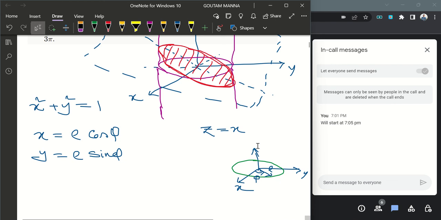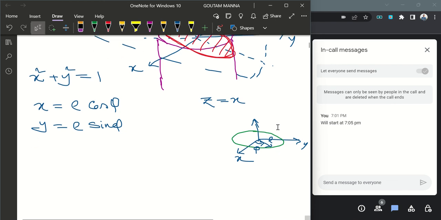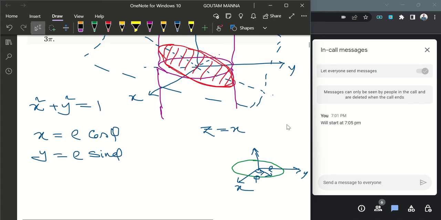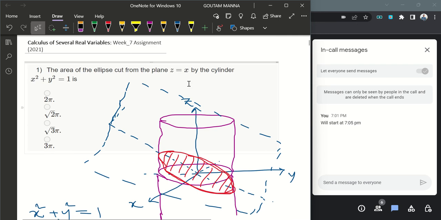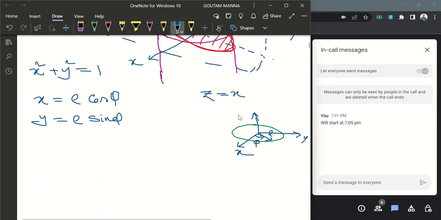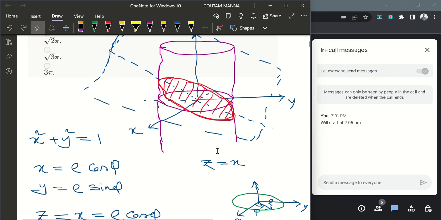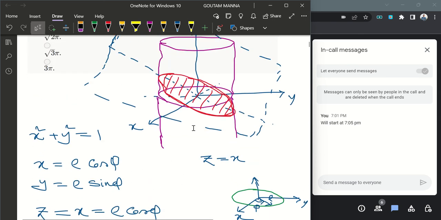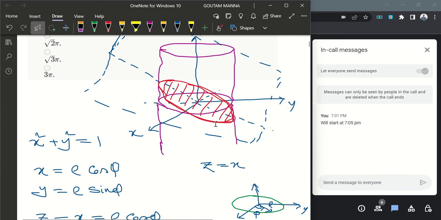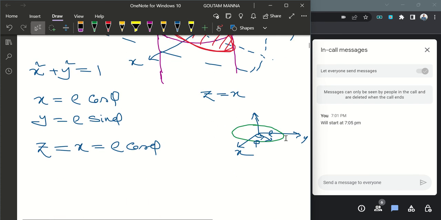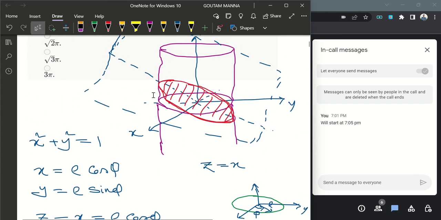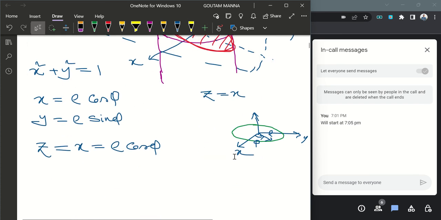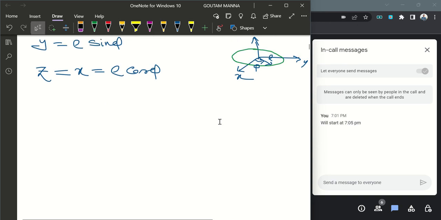Then the x component will be rho cos phi and y component will be rho sin phi, and then z, from the equation of the plane z equals x, means rho cos phi. So with this xyz coordinate, if we put any value of rho and phi, we will be at some point on this elliptical surface. So this is basically the parameterization of this elliptical surface with parameters rho and phi.